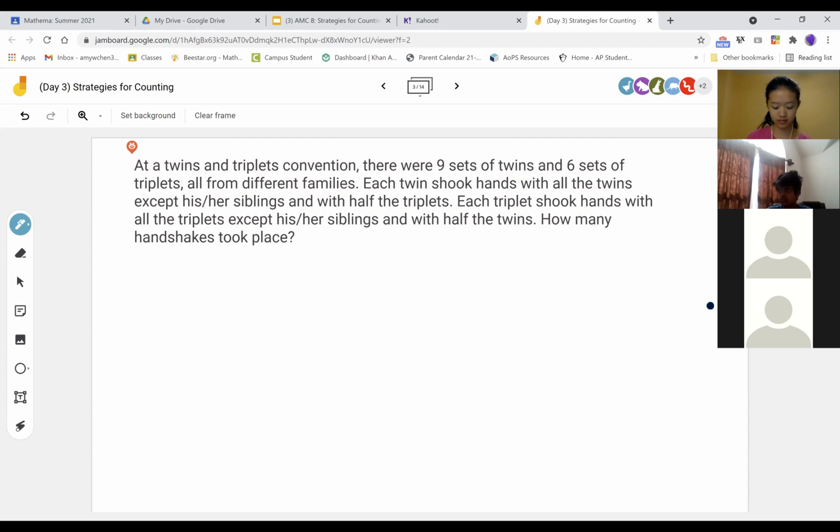Never mind. So there'd be 16 twins, and there would be 9 triplets. So actually it should be 25. So 25 handshakes per 9 twins, 25 times 9 is 225. Now for the triplets, one.